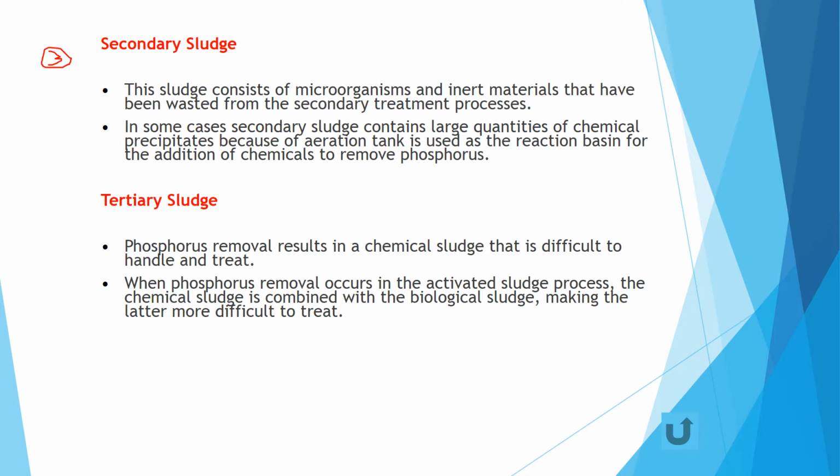This sludge consists of microorganisms and inert materials that have been wasted from the secondary treatment process. And the last one is the tertiary sludge from the tertiary treatment. It contains phosphorus, which results from the chemical sludge, and it is difficult to handle and treat.